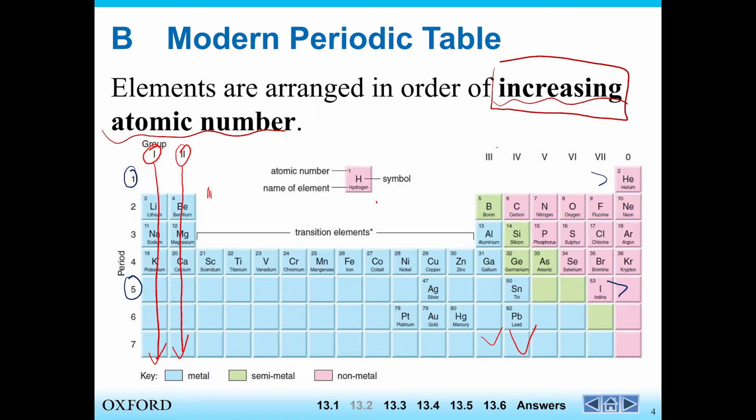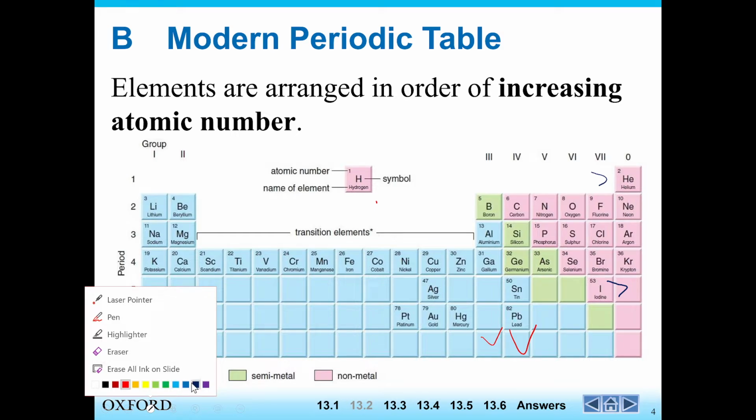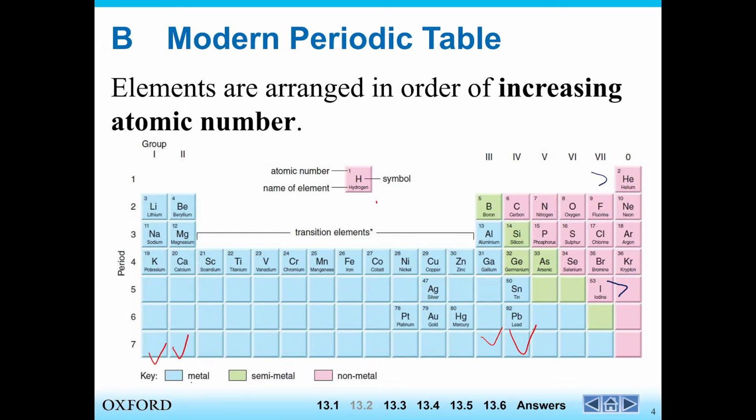So for example, if I were to say, can you help me find the element located at period 3 and group number 5? First we look at period 3. Period 3 is over here. That means all of these elements going across. And I said group 5, right? So where is group 5?